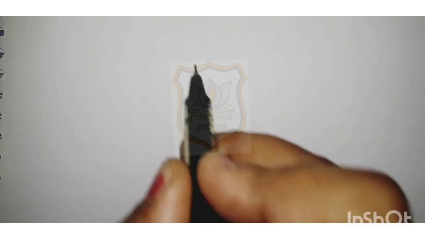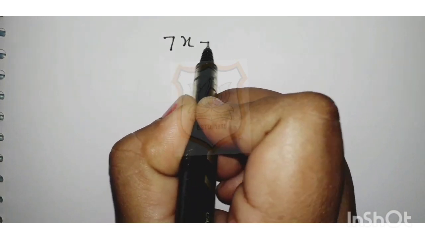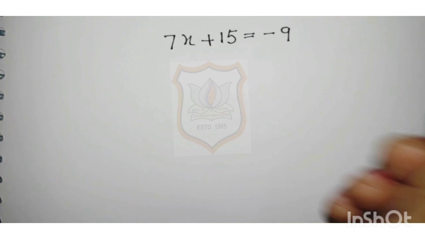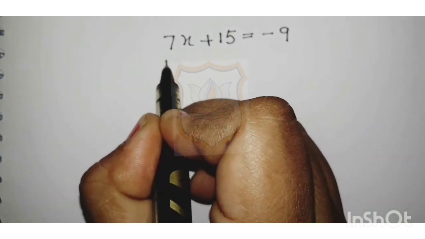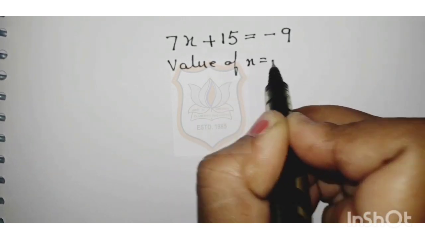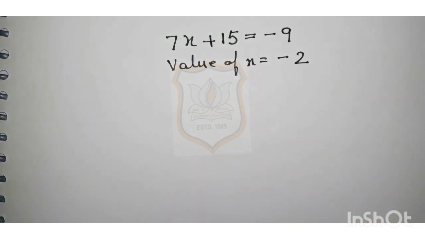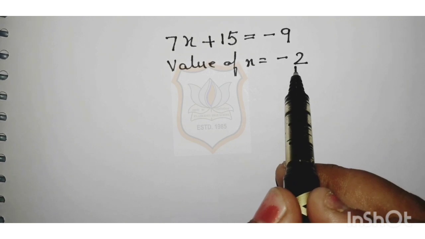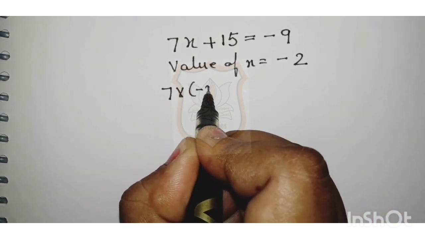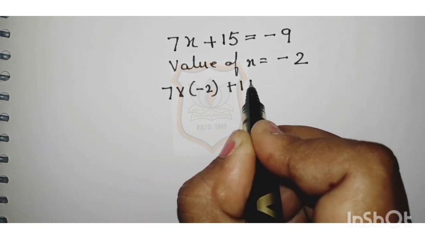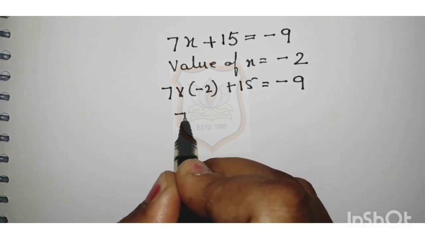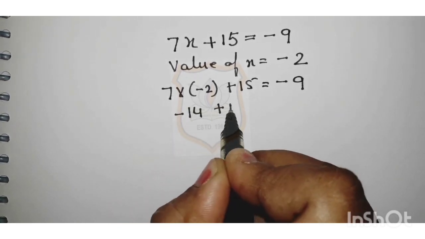Suppose the equation is 7x plus 15 is equal to minus 9. Now we will put the value of x is equal to minus 2. It means in place of x I will put minus 2. Now 7 into minus 2 plus 15 is equal to minus 9. 7 into minus 2 is minus 14, plus 15.